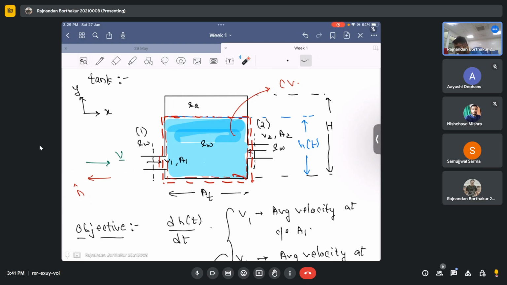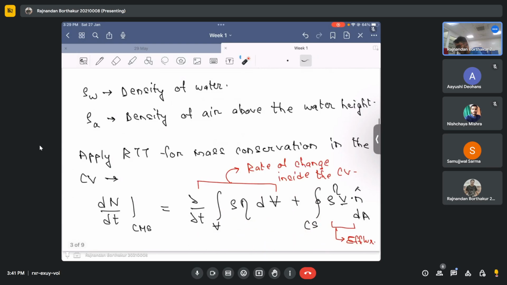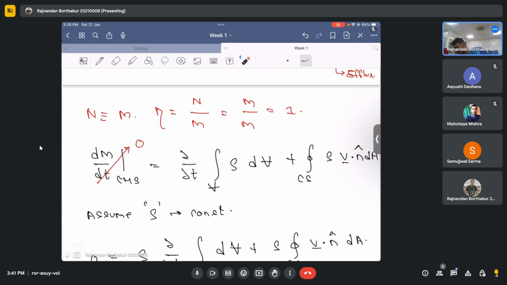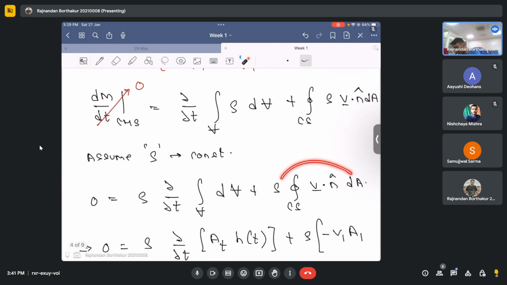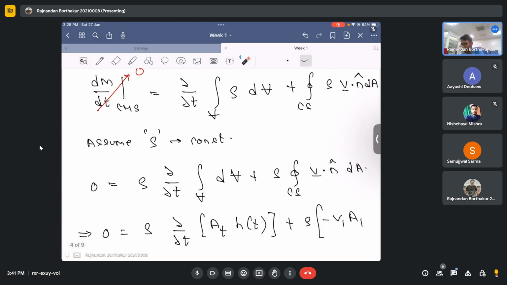And that's why if I try to calculate this term v dot n cap dA for the cross section 1, it comes out to be minus v1 a1. I hope this is clear why it became minus v1 a1.